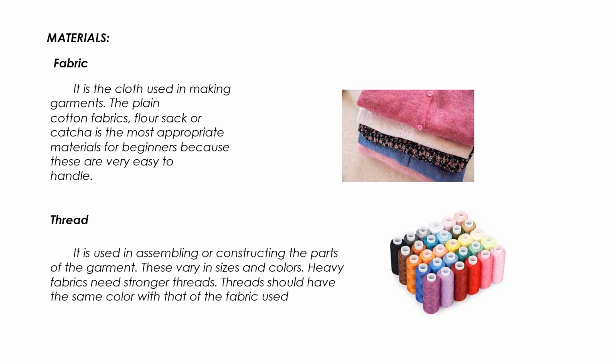Thread, it is used assembling or constructing the parts of the garment. These vary in sizes and color. Heavy fabrics need stronger thread. Thread should have the same color with that of the fabric used.